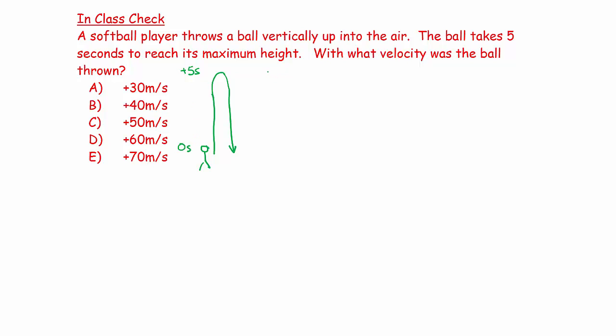So I know that my time interval is t final minus t initial, which equals 5 minus 0, which equals 5 seconds. I know my acceleration, as always, is minus 10 meters per second squared. And I want to know the initial velocity.